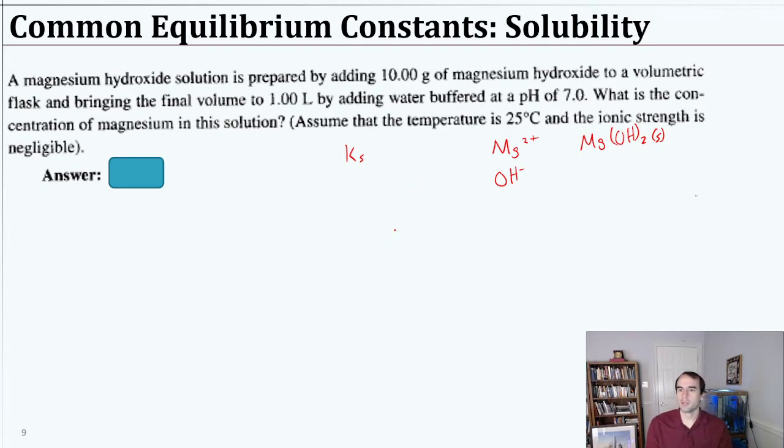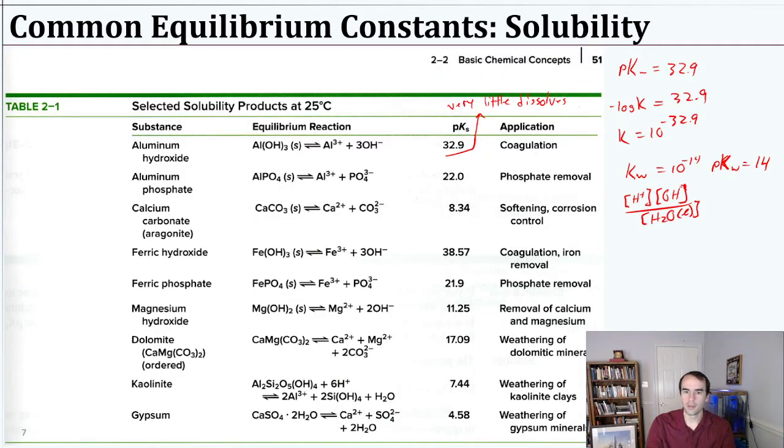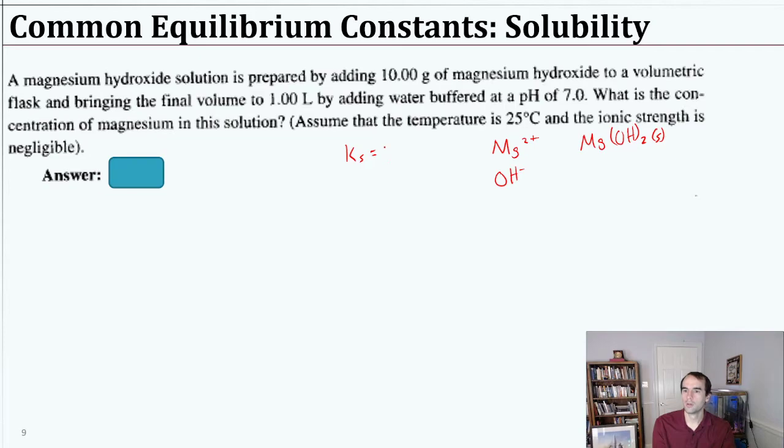Okay, so let's take a look back to see if we have a value for our Ks from the lookup table. That's that table that we looked at earlier. We have magnesium hydroxide. So the pKs here was 11.25. So we'll say pKs 11.25.